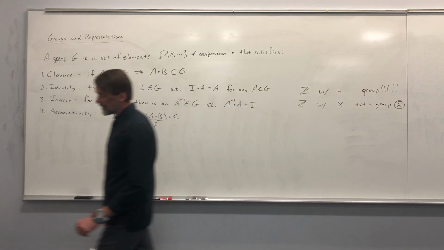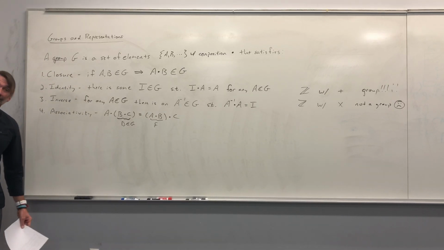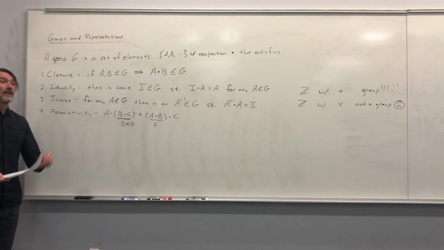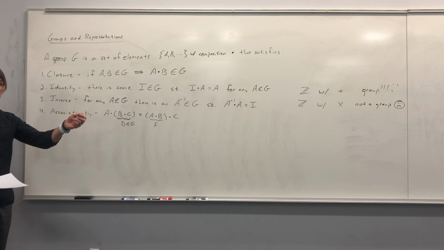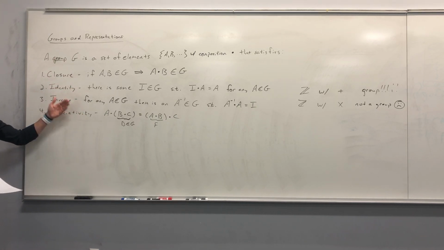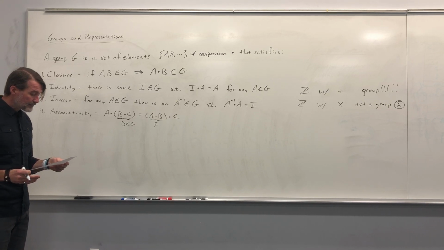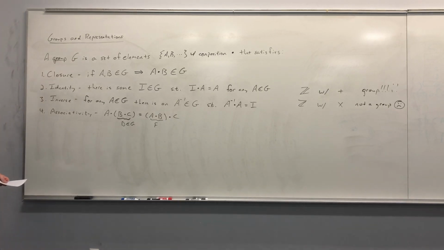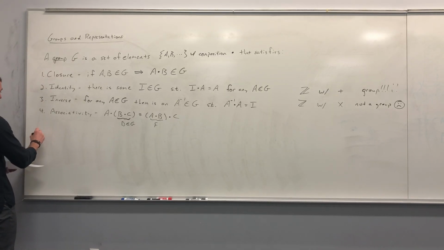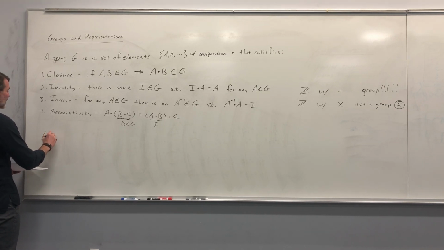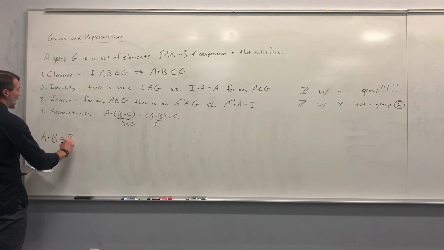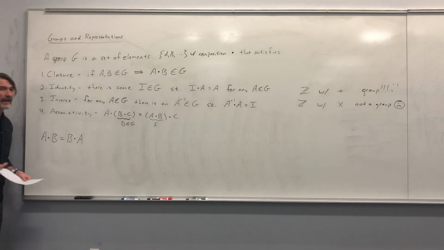All right? So you have to be really careful and consider the composition and whether it satisfies all four of these properties as to whether or not it forms a group. Okay? Now, two really quick notes. Notice that I did not require that A dot B equals B dot A. I did not require that.